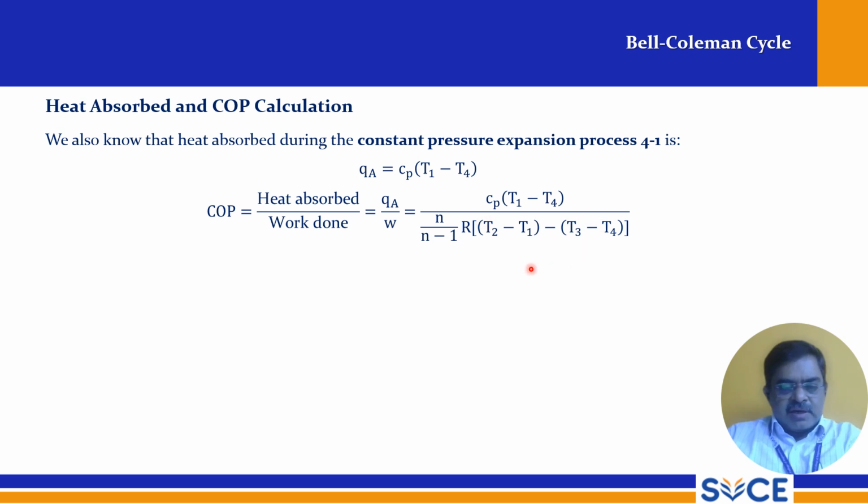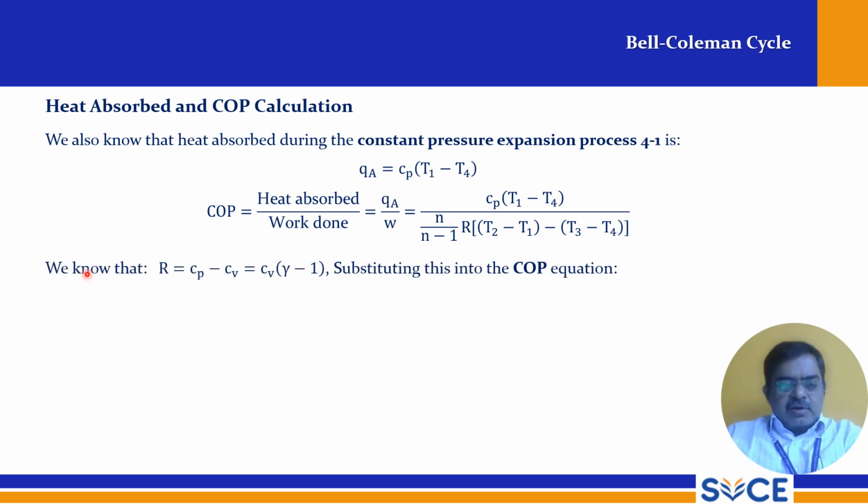This can be written as Cp times (T1 minus T4) divided by n minus 1 times R times (T2 minus T1) minus (T3 minus T4). This way you can calculate, and we can still simplify this. R equals Cp minus Cv, equal to Cv times (gamma minus 1).